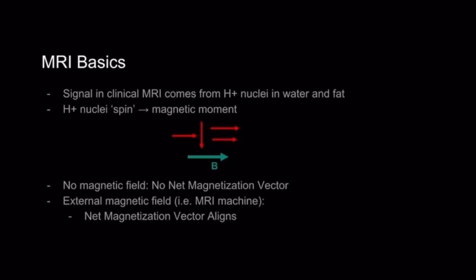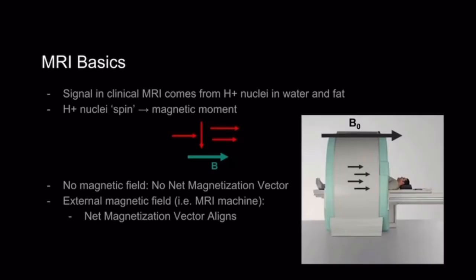Let's look at an MRI machine. A big part of this MRI machine acts essentially as a big magnetic field that is aligned down the bore of the magnet, and that's marked here as B0. The main magnetic field is down the bore of the magnet, which is also called the Z-axis.